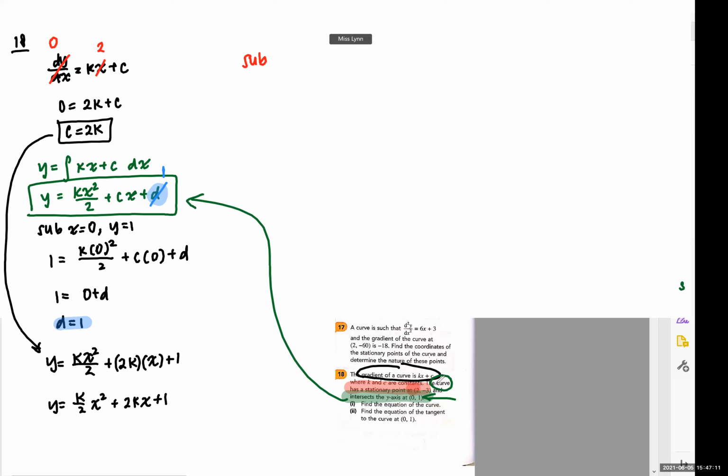So we sub that x equal to 2 and y is equal to -3. And what do we get now? -3 equals k 2 squared over 2 plus 2k bracket 2k, times 2.